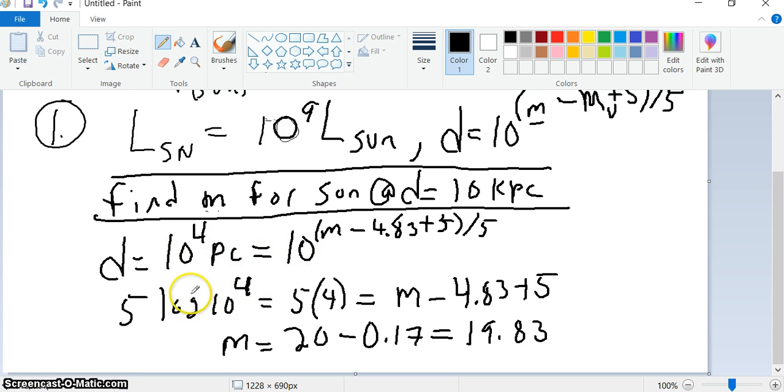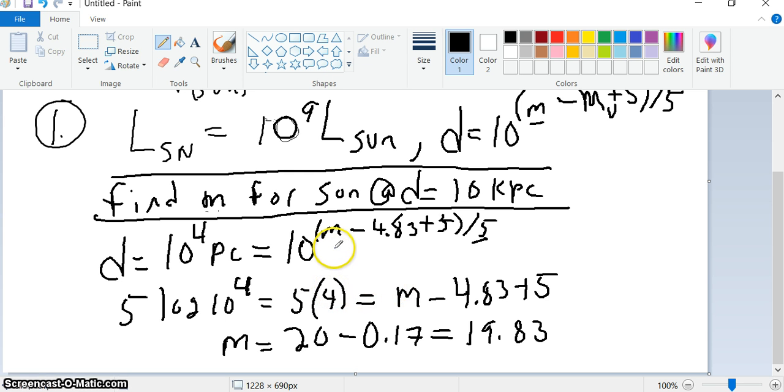So we're taking the logarithm of both sides, and this becomes 5, because this 5 goes over to the other side. So it's 5 times the log of 10 to the 4th, and of course the log of 10 to the 4th is just whatever the exponent is, because you're taking the log base 10 of 10 to the 4th. So this becomes 5 times 4, or of course 20.